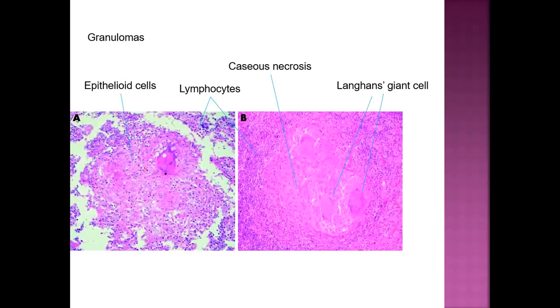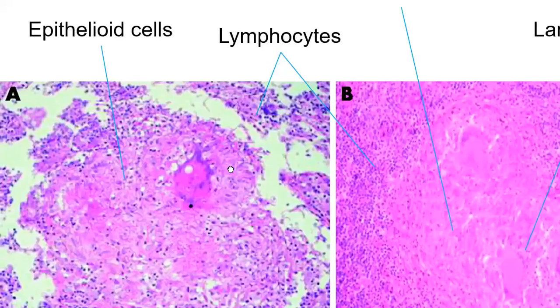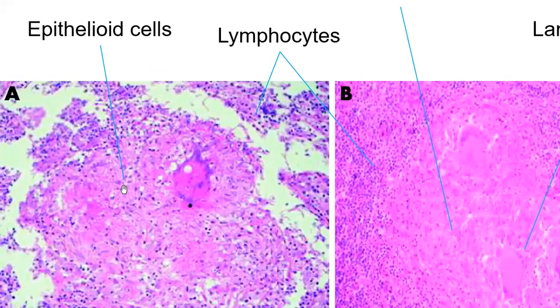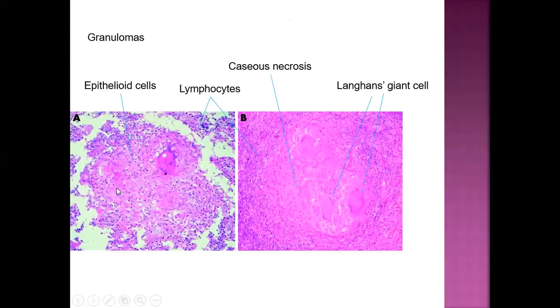We will observe epithelioid cells. If you look at this type of cells, they may not be visible. Let me zoom in a little bit. Okay, here you cannot see the cells, I think.